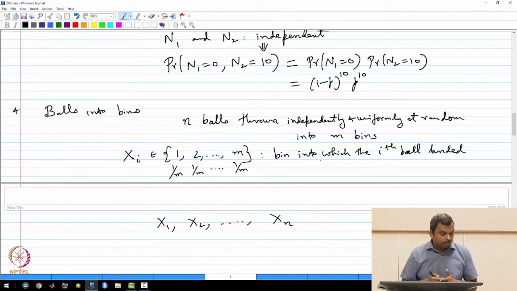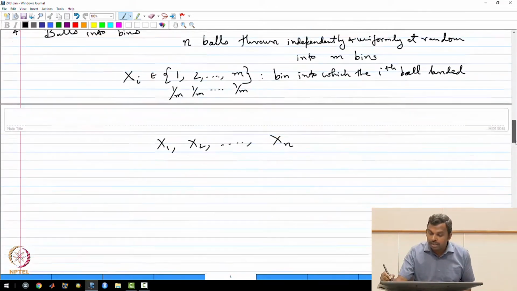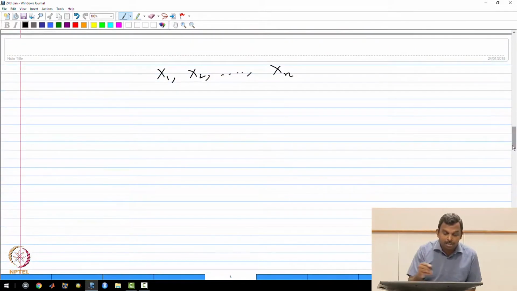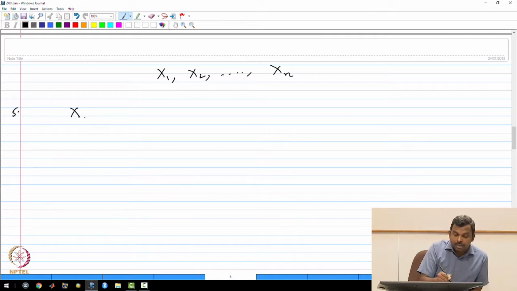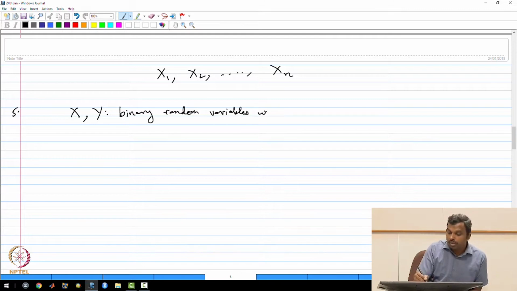Okay, so the last example I want to do is quite important, and it will reinforce the idea of independence and dependence and all of that. I'm going to consider the case where x and y are binary random variables with a joint distribution pxy.